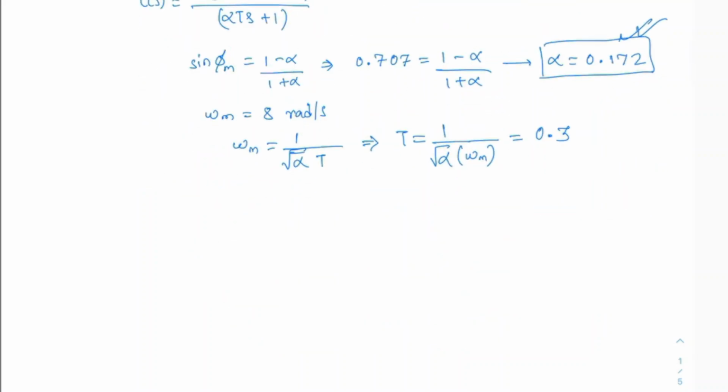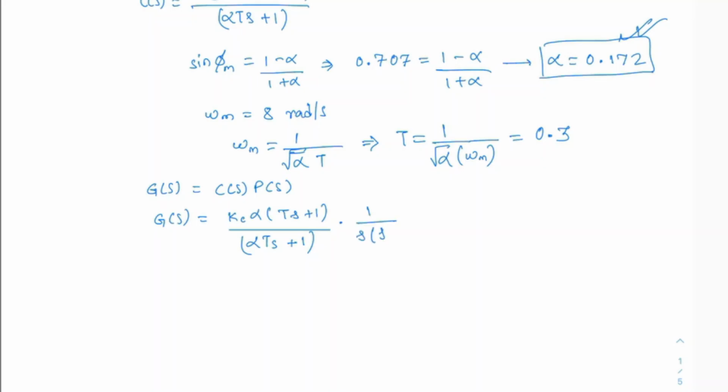So let us consider G of S to be C of S into P of S, and this would be Kc into alpha in bracket Ts plus 1 over alpha Ts plus 1 into P of S, which was 1 over S in bracket S plus 2. We will also take H of S to be 1.